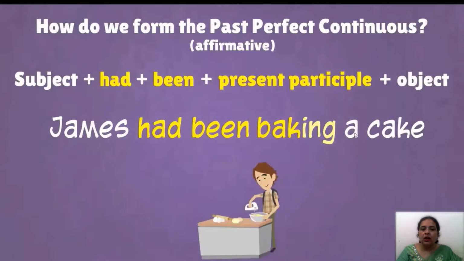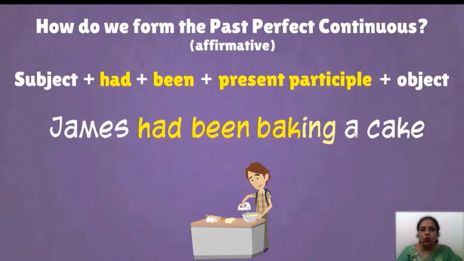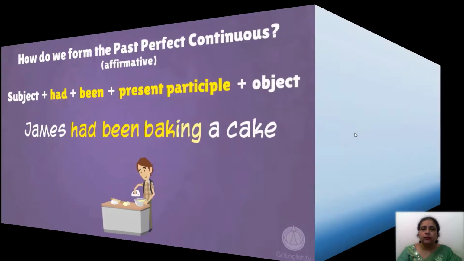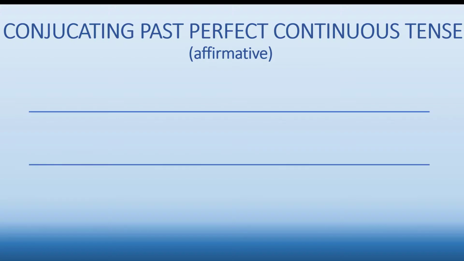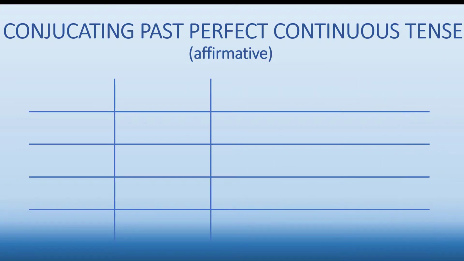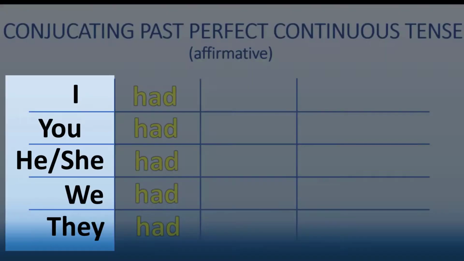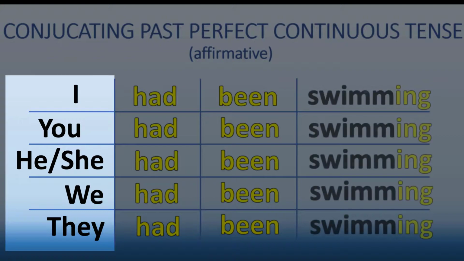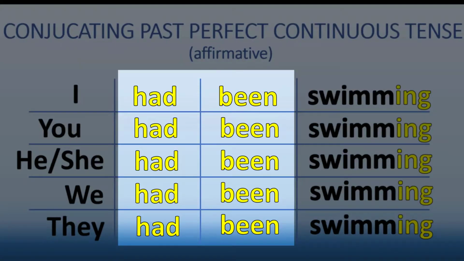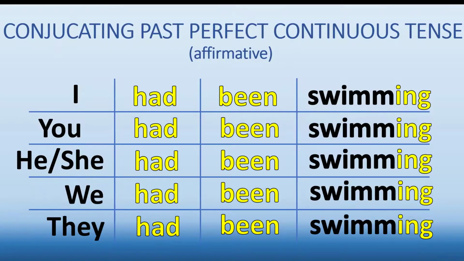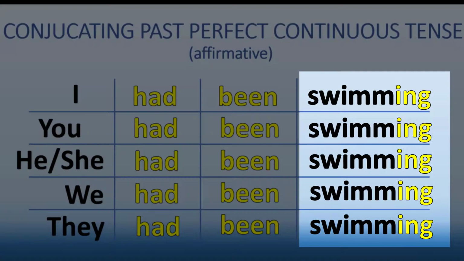Now in this, whatever our subject is, we use the auxiliary verb had. Let's see how past perfect continuous tense forms in affirmative sentences through this table. Now in this, subjects are I, you, he, she, we, they, and with all subjects we use the auxiliary verb had, been plus the present participle form of the verb, swimming.